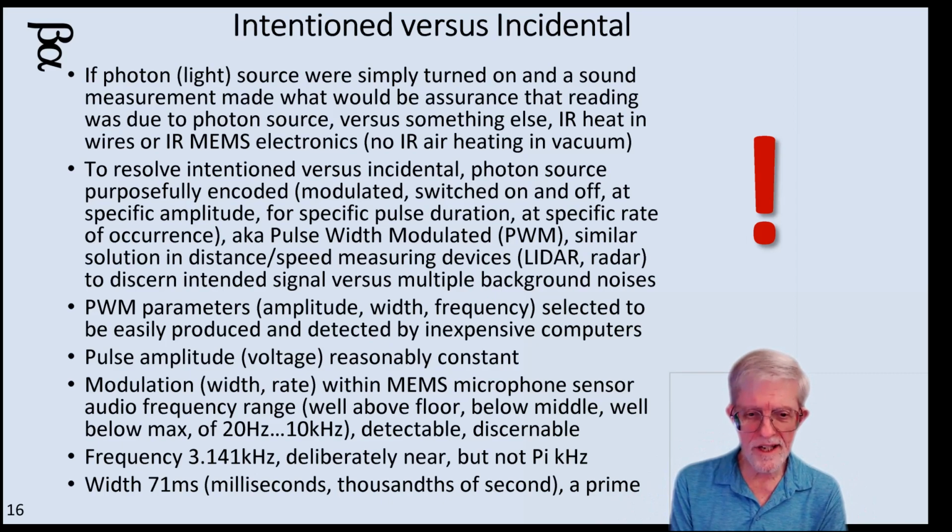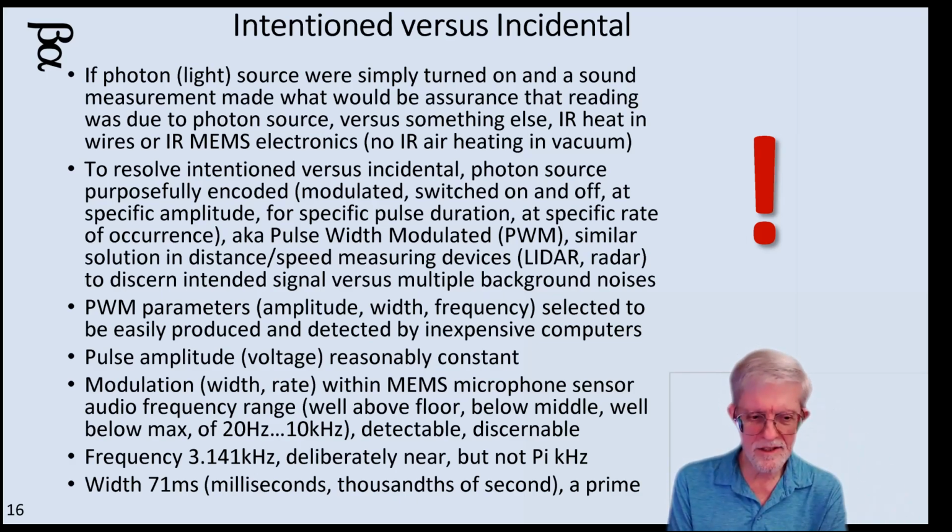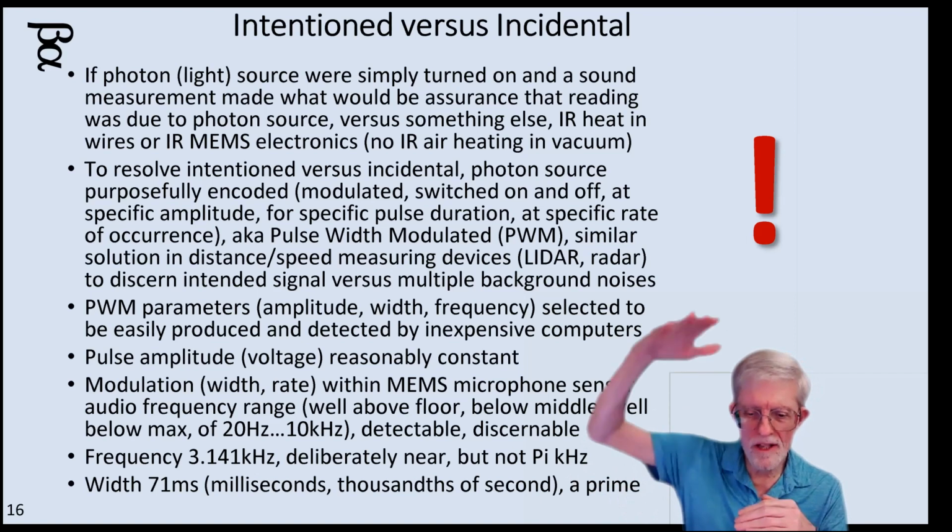And the voltage, so when we turn it on and it's making the pulse, that height of the amplitude, the voltage, that's going to remain reasonably constant. So we don't have to worry about amplitude variations from the source. And we're going to pick a particular frequency that we're sending this pulse signal out, as it's got to be well above the floor level, like the noise level, and it's got to be well below the peak so it doesn't get clipped.